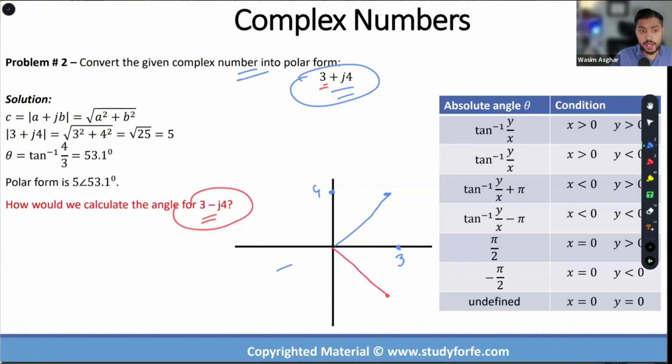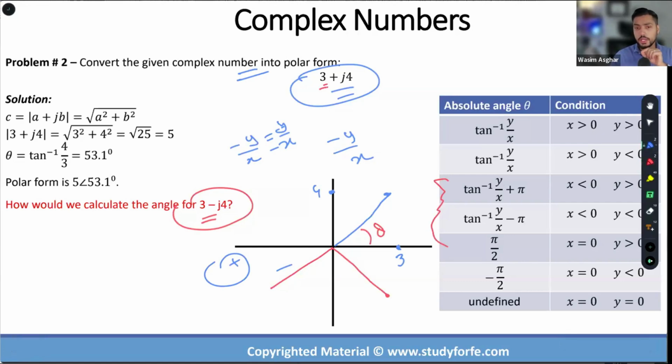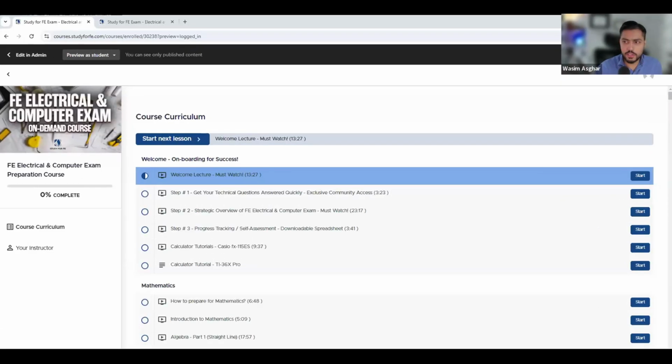Because when you calculate it, when you're punching in minus y by x, minus y by x and y by minus x is the same thing. Similarly, when you are over here, you have both minus and minus, they're showing up as positive. The calculator is going to treat it as a positive number for which the angle is being calculated, and it's going to give you this angle. So you have to make all of these adjustments with pi, depending on which quadrant you are operating in. So this is how things look on the inside.